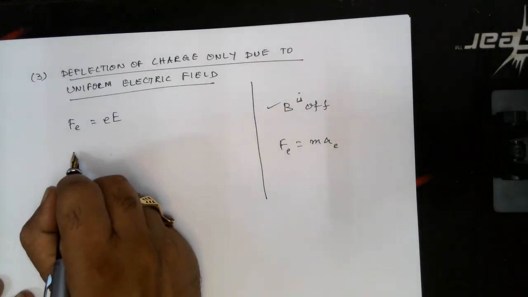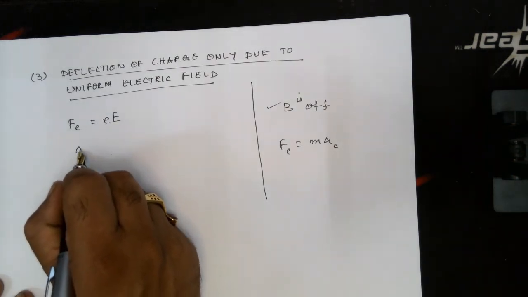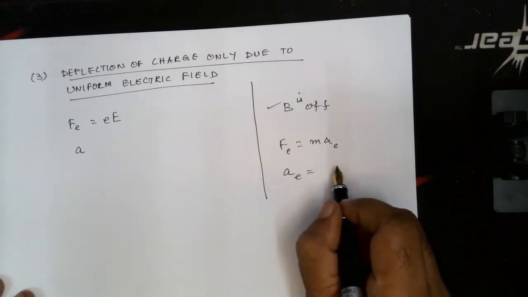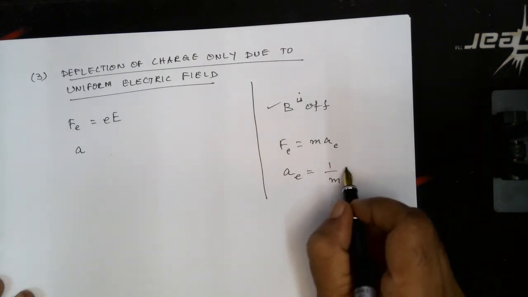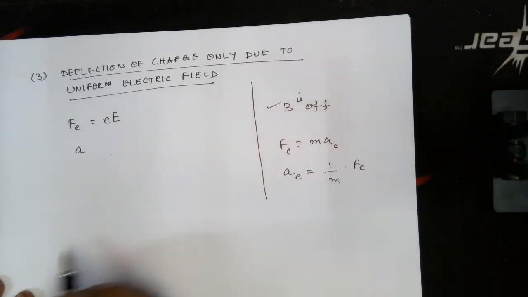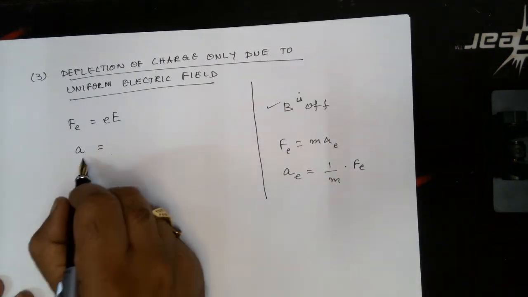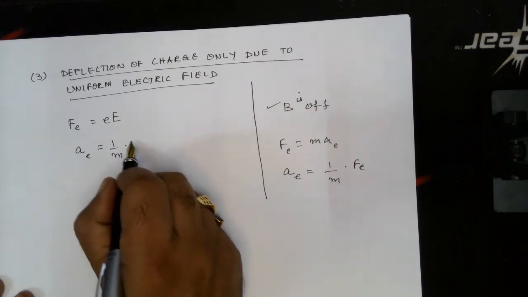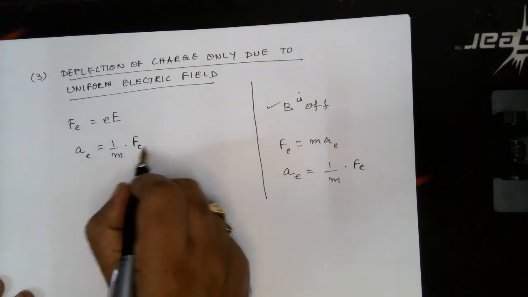Therefore, acceleration of electron can be derived from here, that is nothing but 1 by m into Fe. So acceleration of electron is equal to 1 by mass of electron into force on the electron.